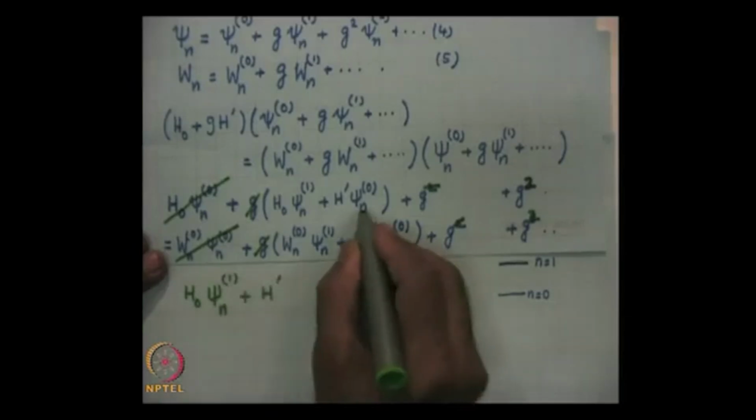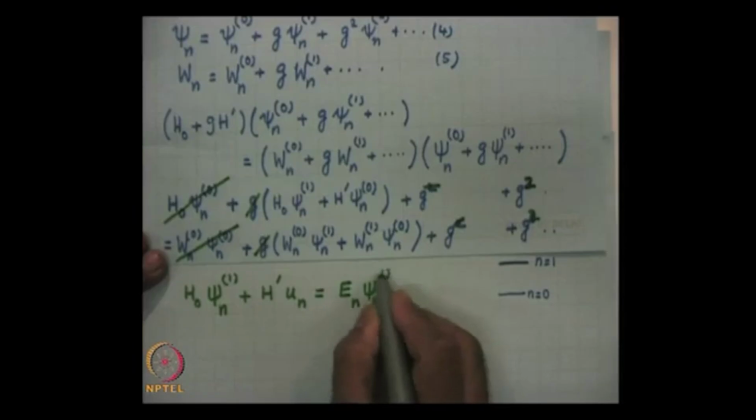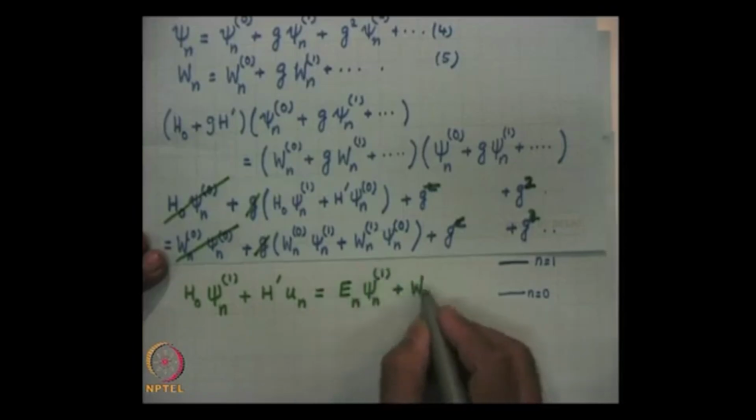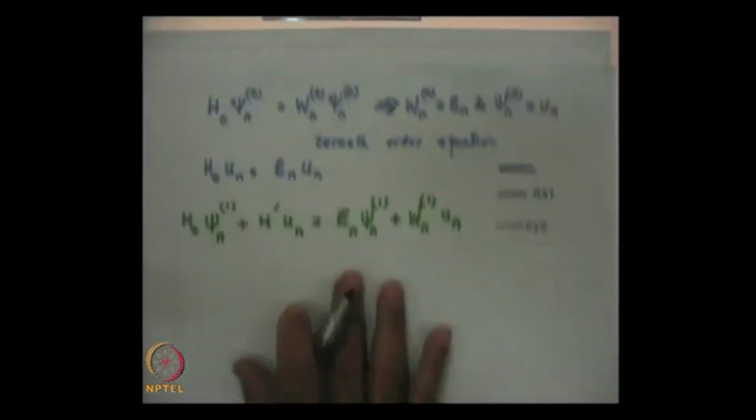So, the first order term becomes H naught psi n 1 plus H prime psi n 0, which we have written as u n, is equal to W n 0, which is E n, psi n 1 plus W n 1 u n. This is my first order equation.